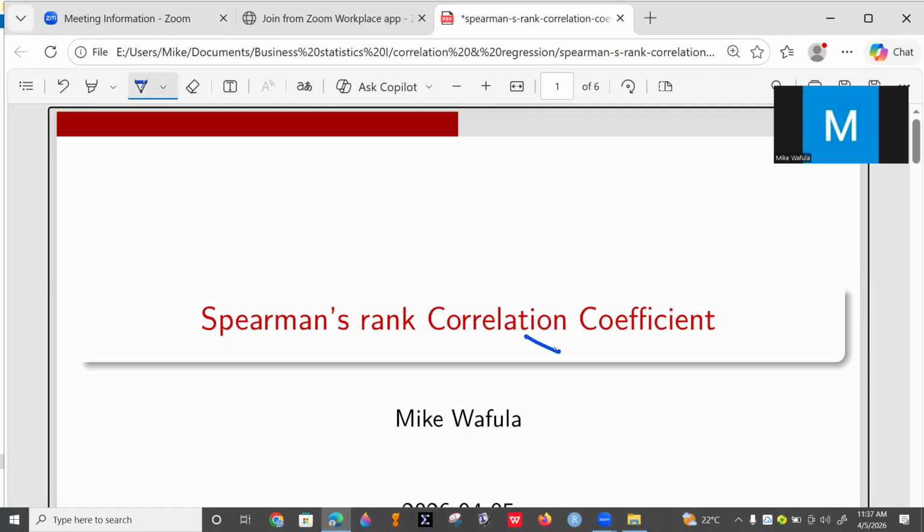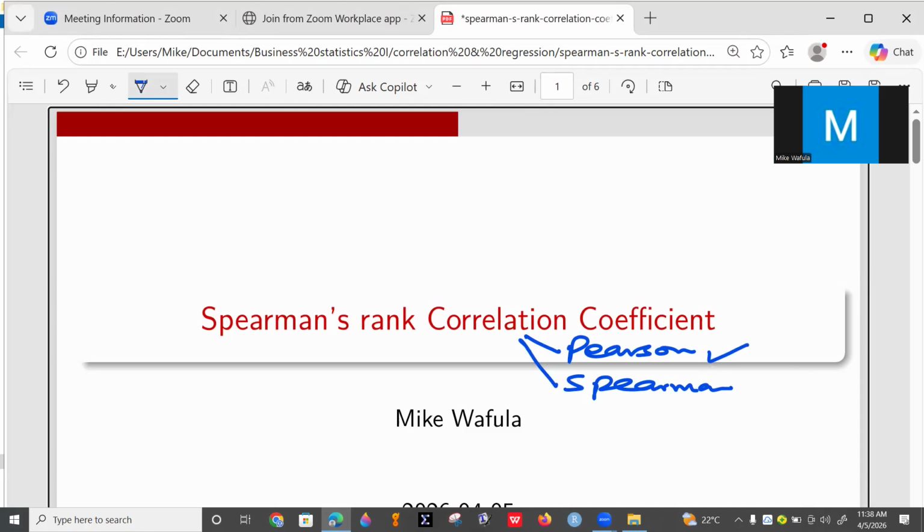This relationship can be determined by using either the Pearson correlation coefficient or the Spearman rank correlation coefficient. In our last session, we discussed more of the Pearson correlation coefficient.